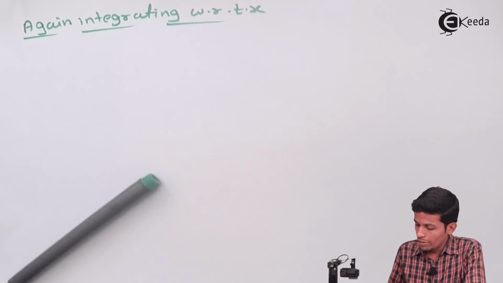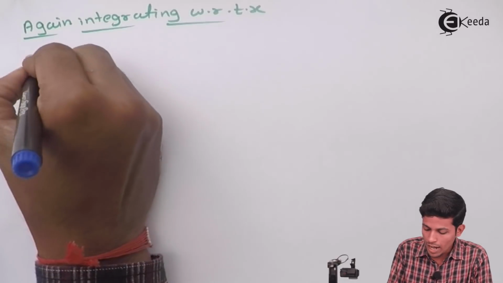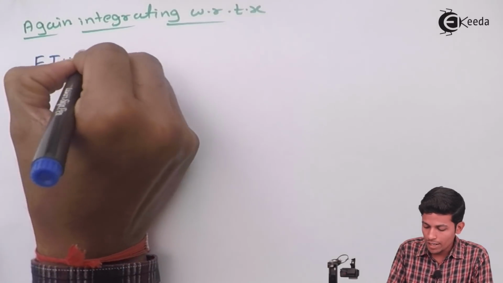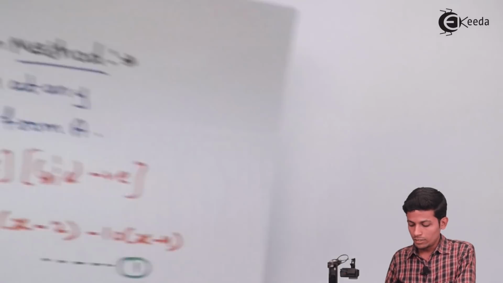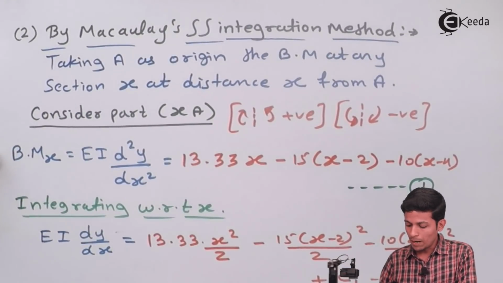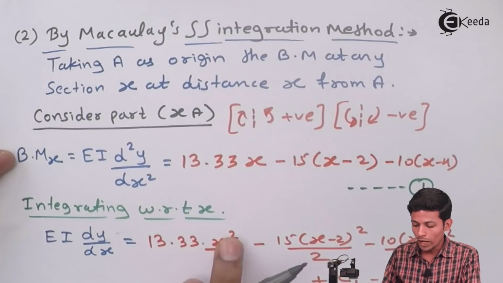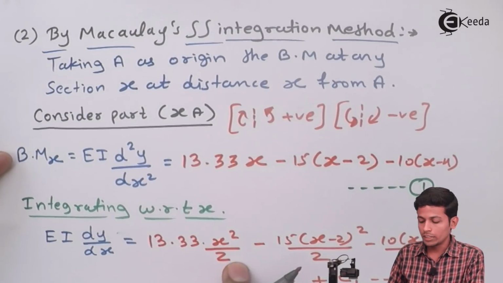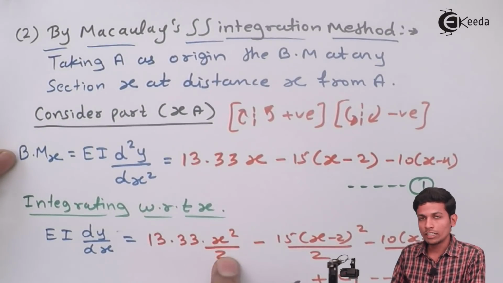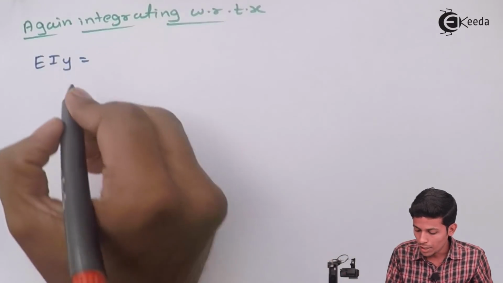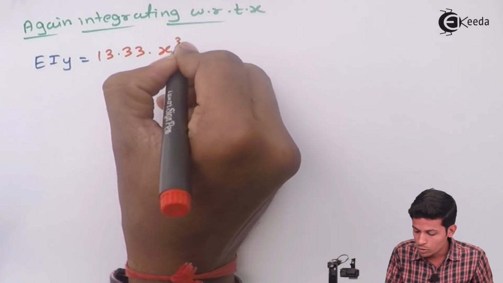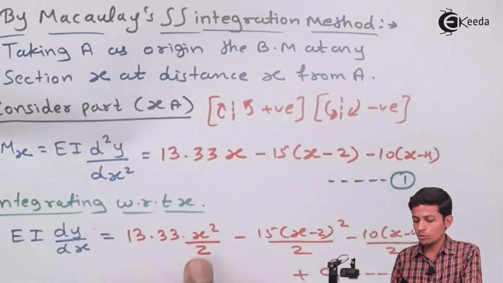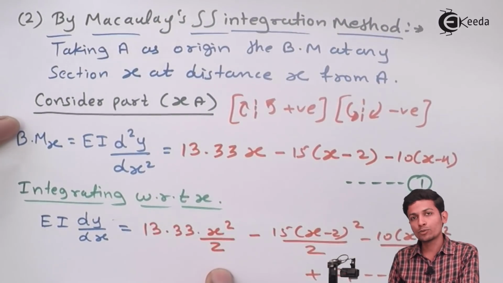So it will come over here: EI y is equal to, now see, we have to integrate this part. 13.33 into x square upon 2 integrates to 13.33 into x raised to 3 upon 6, since x raised to n plus 1 upon n plus 1.